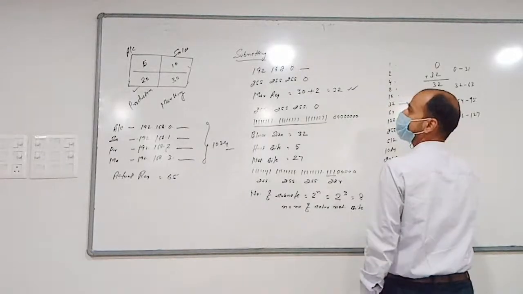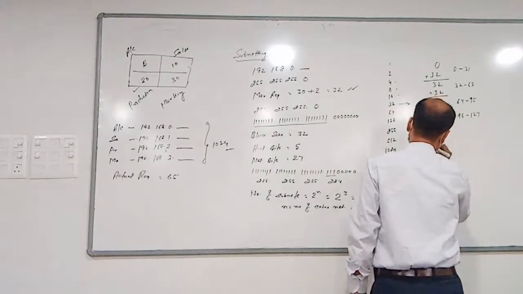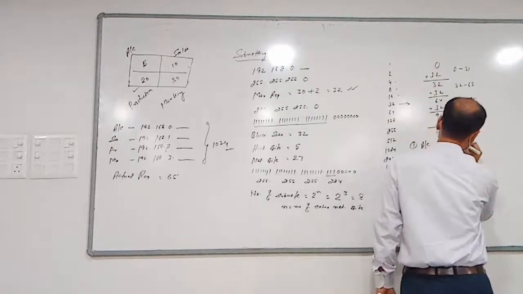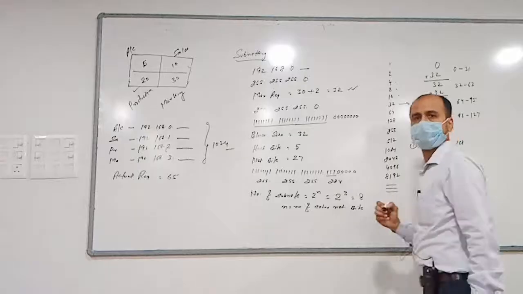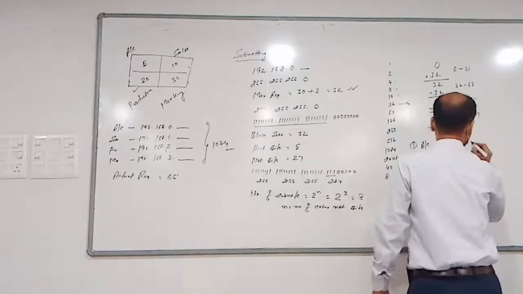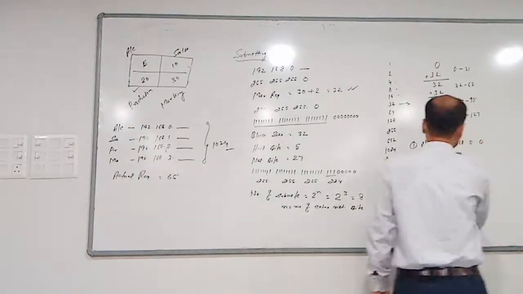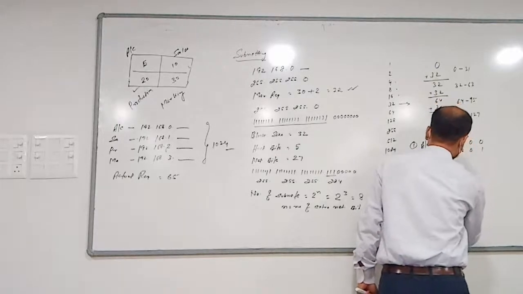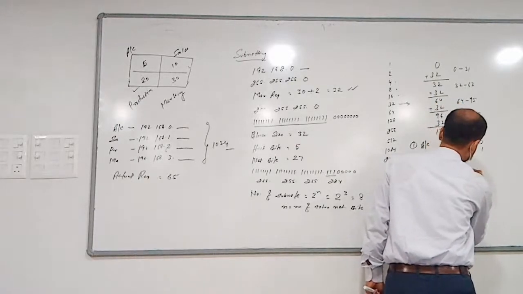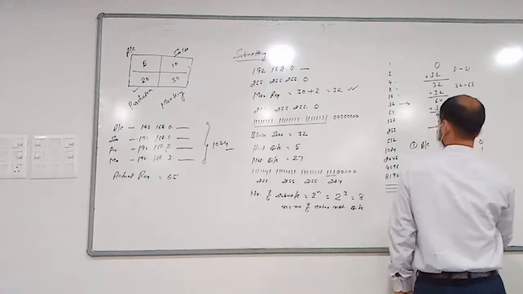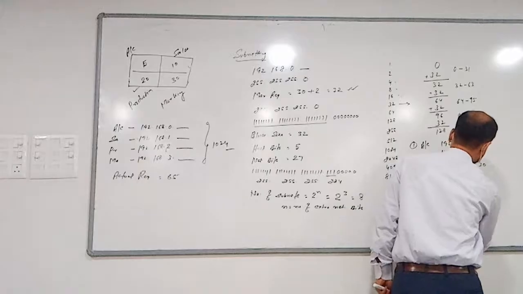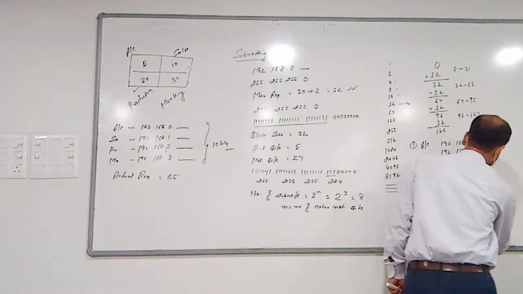Suppose I am going to use 192.168.0.0, 192.168.0.1 and 192.168.0.30, 192.168.0.31.